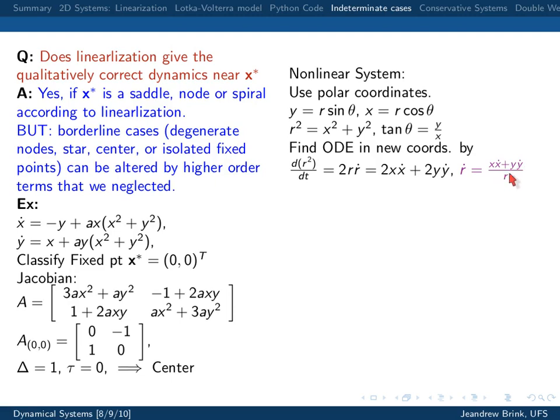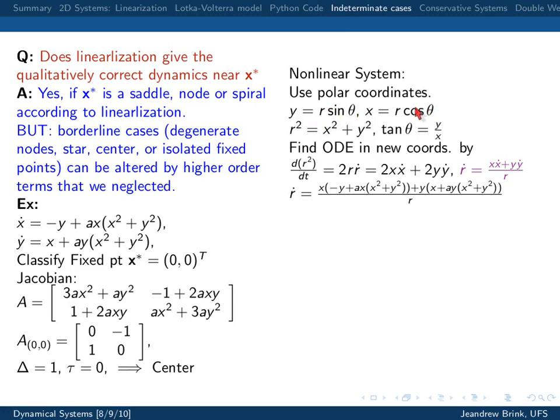And what I then do, or will do later on, is go back and replace what I know x dot and y dot to be with these expressions, and then I replace all the x's and y's with the expressions in polar coordinates.